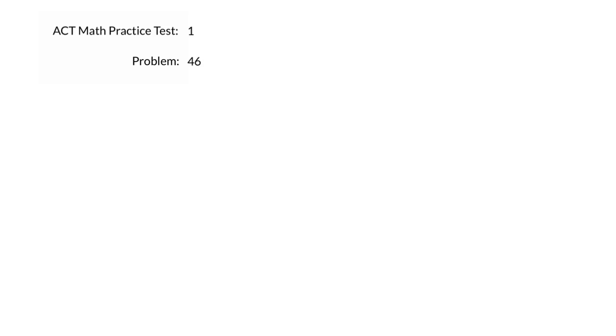I think the key with problem number 46 is to not get overwhelmed by the fact that there's mixed numbers, first and foremost, and also to not get overwhelmed by the fact that we're dealing with ratios. When you're dealing with ratios, that often means that you're dealing with a proportion, and that is actually what's happening here. Now, apparently, there's a bread baking recipe that is composed of yeast and flour.